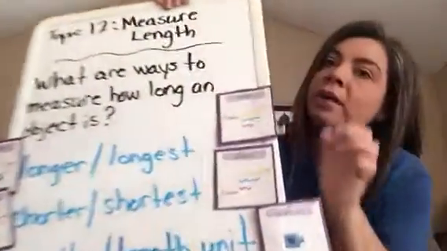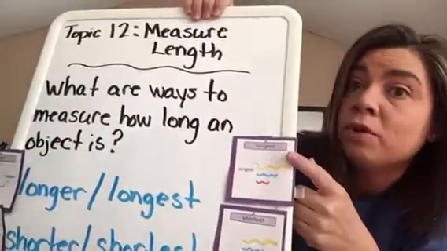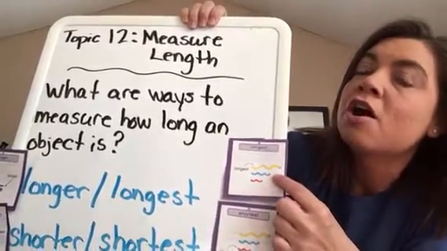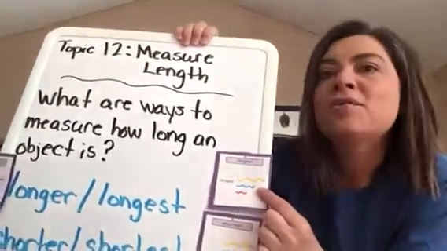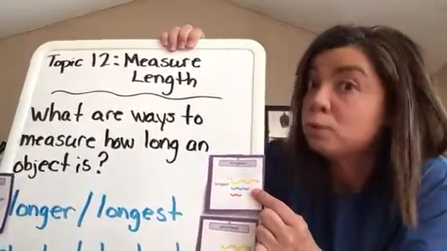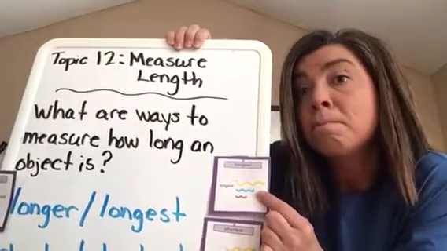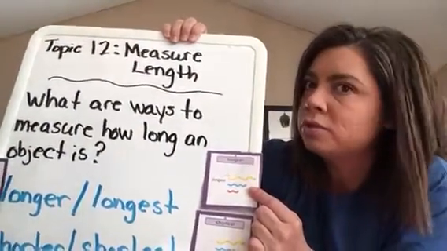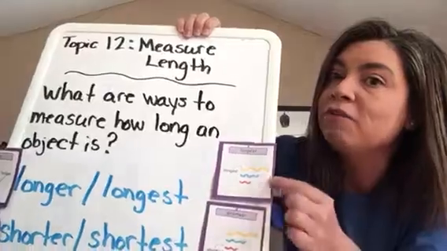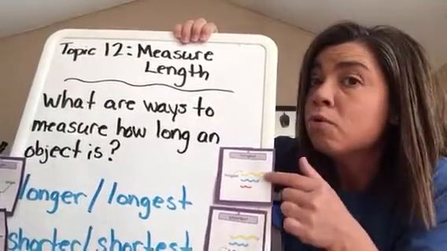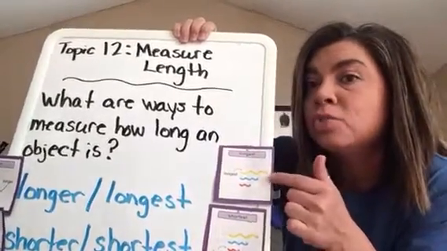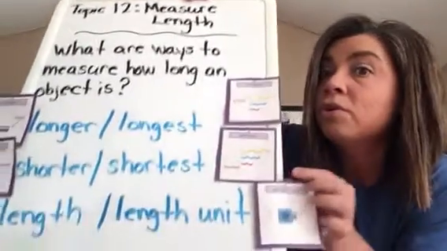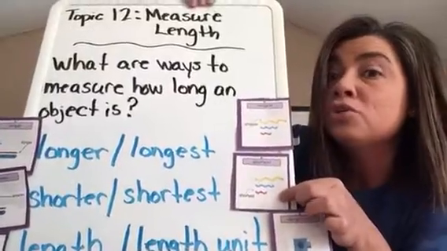Now we're going to be talking about comparing 3 objects. When you're comparing 3 objects, like these little wiggly worms here, you have long, longer, longest. That EST means most. ER means more, longer, but EST means most. So if you're comparing 3 or more things, you can tell which one is the longest or has the most length. Or you can say which one is shortest.